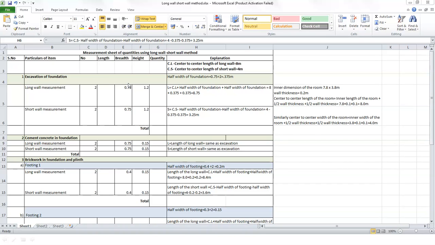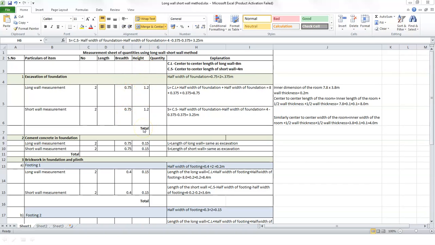We will be referring to the cross section of the section drawings to find out this width. If it is the brick wall, it would be the 0.2 width of the brick wall. If it is the plinth, we look at the cross section of the plinth and see what the cross sectional dimension is. If it is the cement concrete footing, we find out the width of the footing. For this reason, we usually refer to the section drawing.